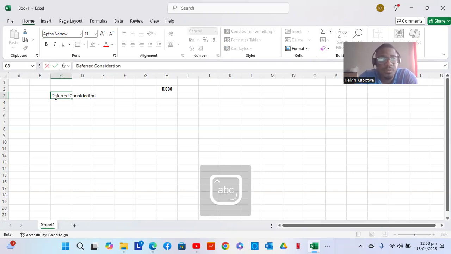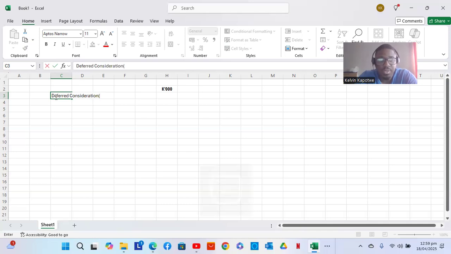So for the deferred consideration, since it is deferred, what is very key to note here, we were told that we transferred 24 million shares, all right? And these 24 million shares have a nominal value of 1 kwacha. So meaning the value of the shares is basically 24 million kwacha.